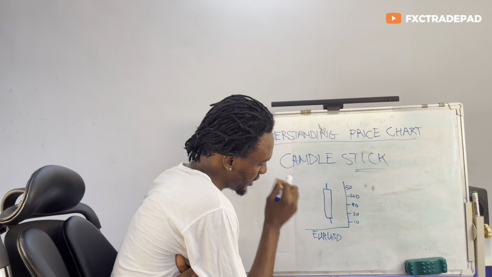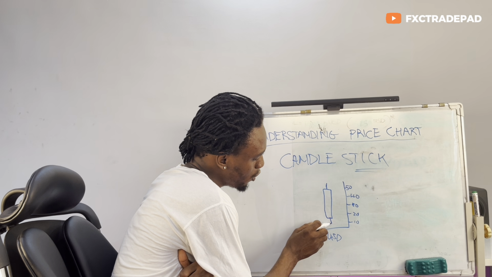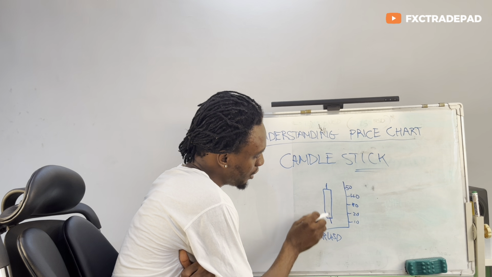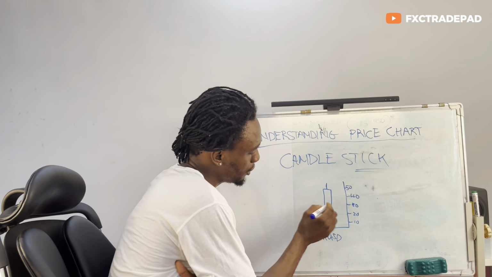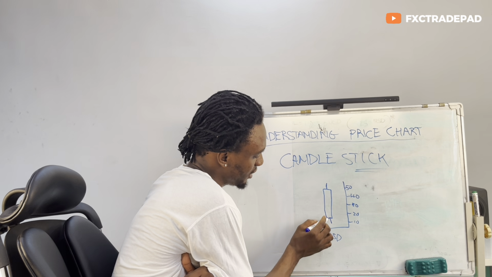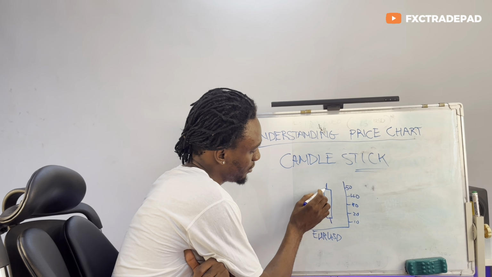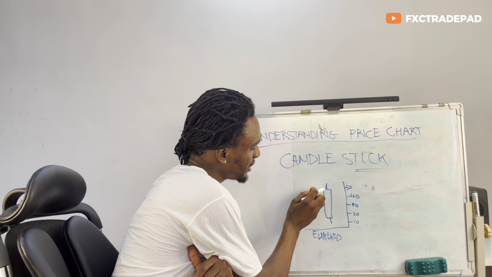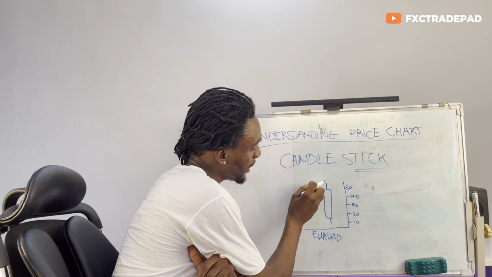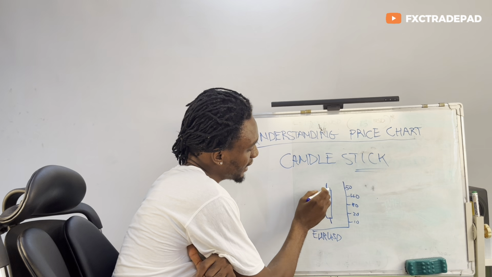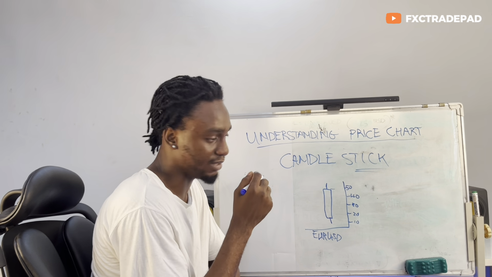What is wick really? Wick is the lowest part or the highest part the price got to before rejecting. So the market actually got to $10 before it rejected and then started going up. And when it went up, this candle wick also got to more than $50 before it actually pulled back and then closed here. Do you get it right now?